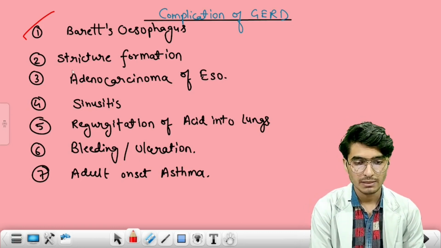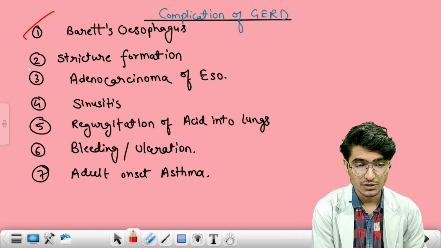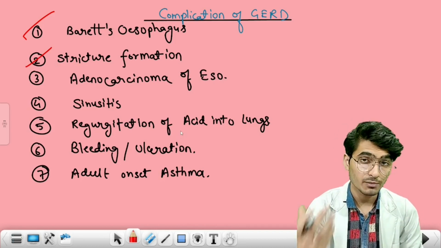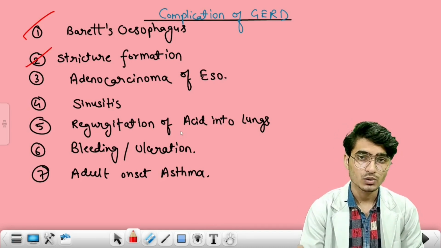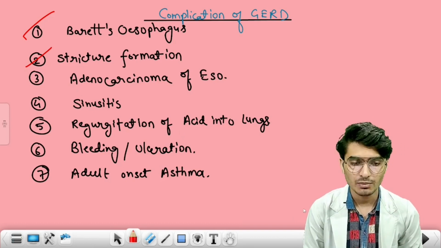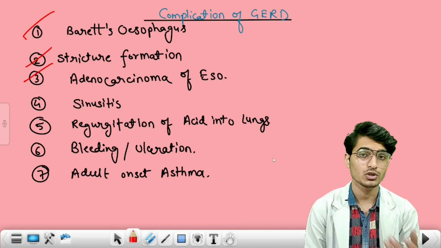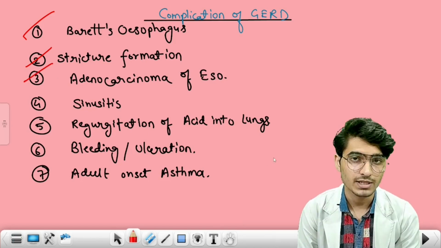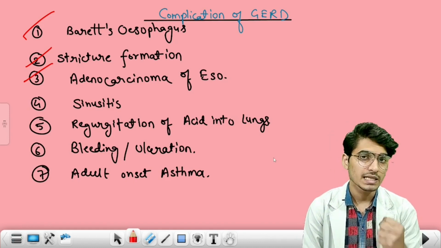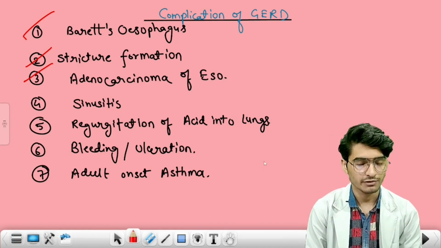So this is what Barrett's esophagus is, followed by stricture formation. Whenever chronic injury is there, that is causing chronic inflammation, and that is causing fibrosis and stricture formation at the lower end of the esophagus. And the third complication is adenocarcinoma of the esophagus. Basically that is the prolonged case of Barrett's esophagus turning into malignancy, that is adenocarcinoma of the lower end of the esophagus.